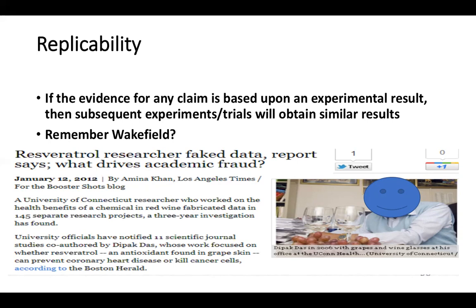And the reason why sometimes studies get retracted and people discover that those studies are wrong is because other people will try to replicate your data.